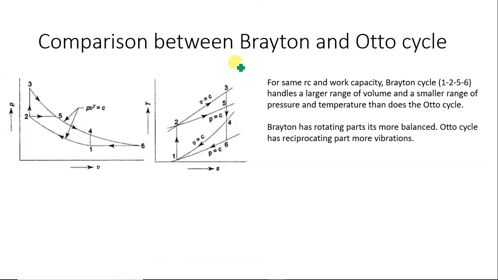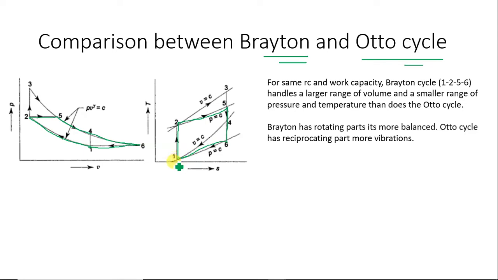Next, we'll see the comparison between the Brayton and Otto cycle. Here, I'll show the Brayton cycle in green color: 1 to 2, 2 to 5, 5 to 6 and 6 to 1. 2 to 5 is constant pressure, 5 to 6 again constant pressure, and 6 to 1.